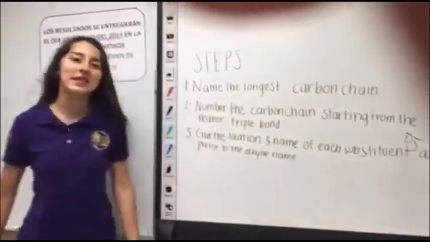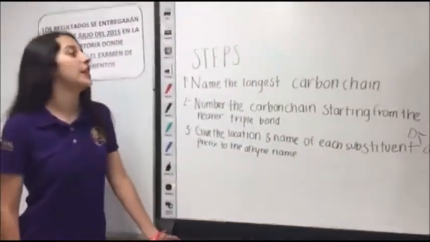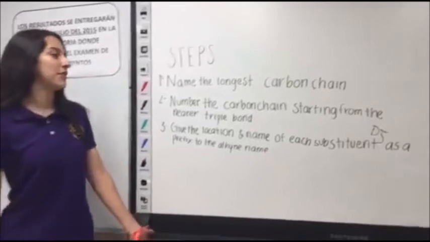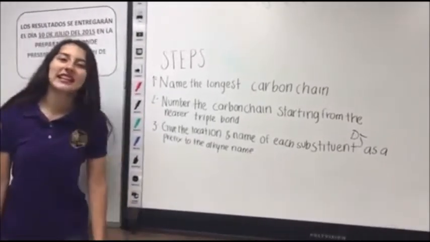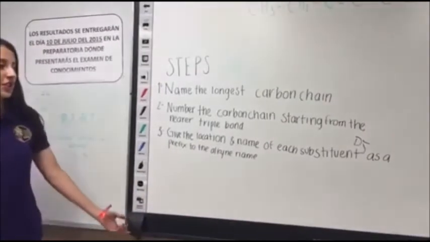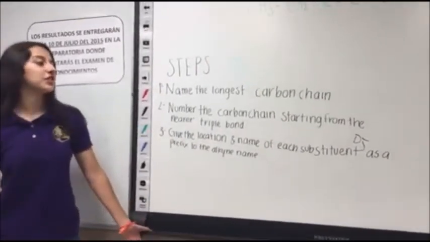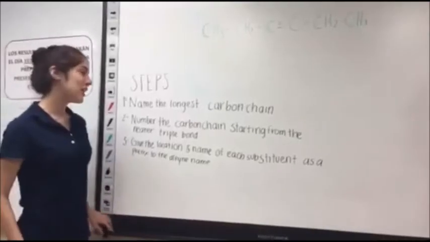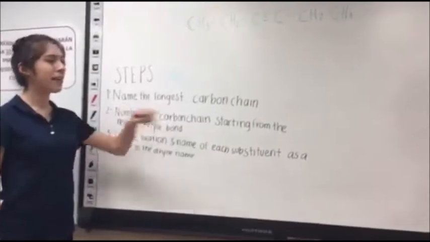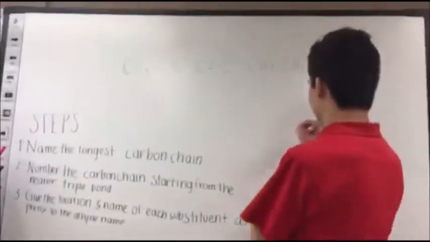The first step is to name the longest carbon chain. Then you have to number the carbon chain starting from the end nearest the triple bond. And the last step is to give the location and name of each substituent as a prefix to the alkyne name. The first thing you have to do is to name the longest carbon chain.